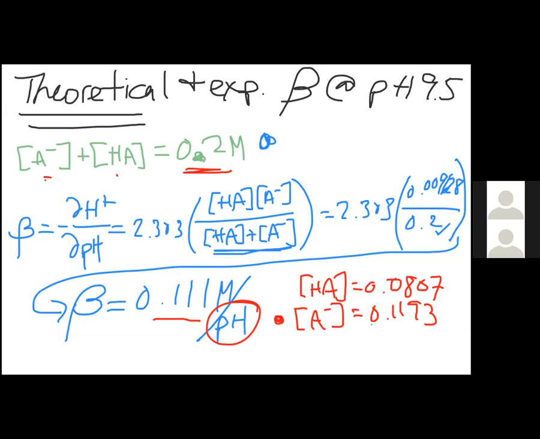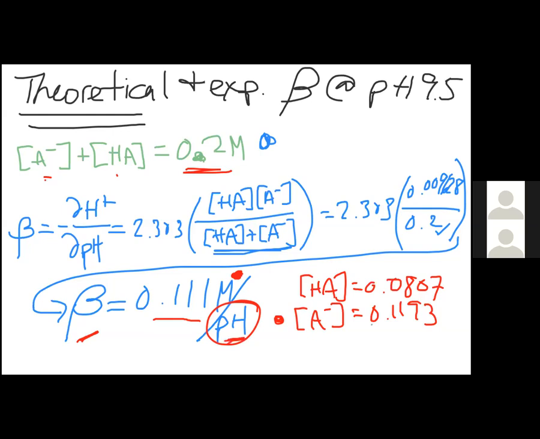So remember when I said earlier in the discussion slides for chapter 2, the higher the buffer capacity value, the more resistant there is to the change in pH, because basically for the units here, what it's telling you is you'll need a higher concentration of the titrant to change the pH by 1 unit.